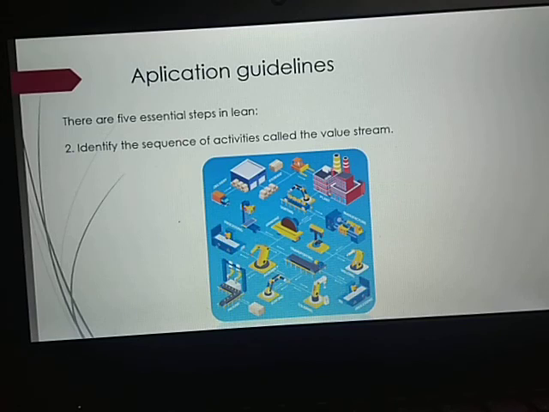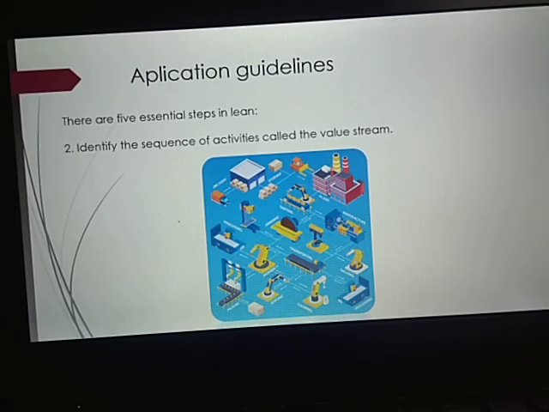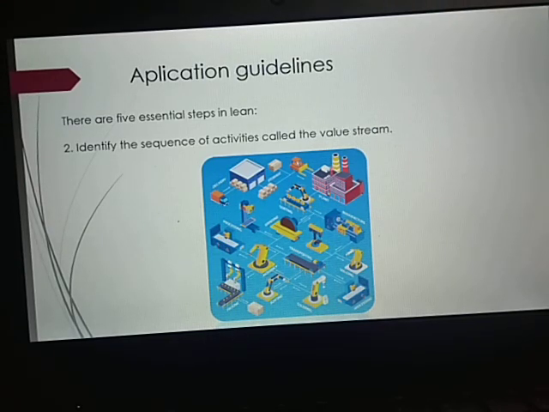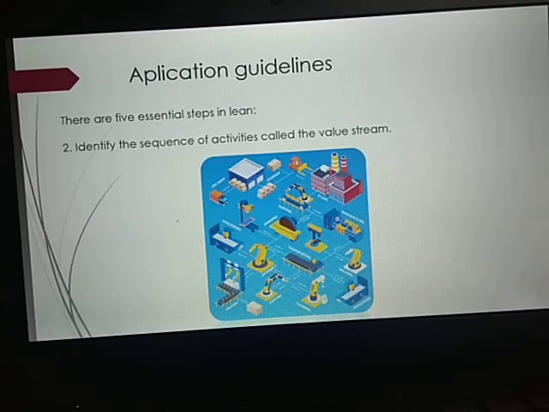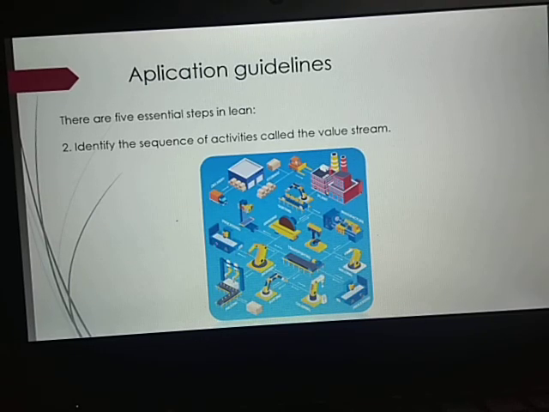Continue. Identify the sequence of activities, called the value stream. Once value is identified, activities that contribute value are identified. The entire sequence of activities is called the value stream.